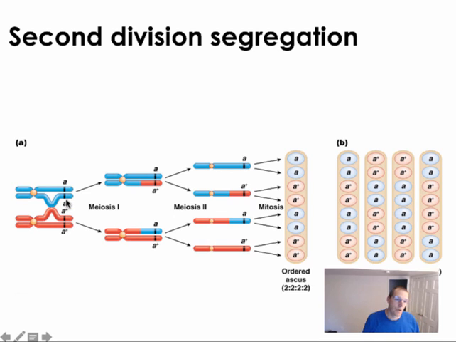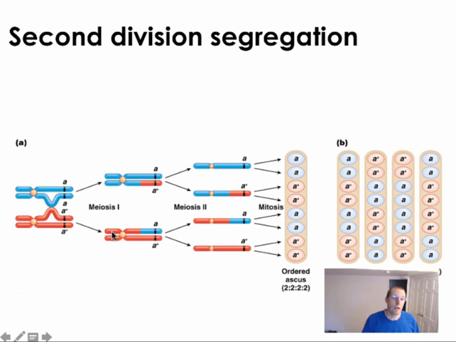So we do a crossover between these two sisters here, so it's a single chromatid crossover, a single crossover event. We end up with our homolog here with its paternal parental sister, and then we've got its recombinant arm here.